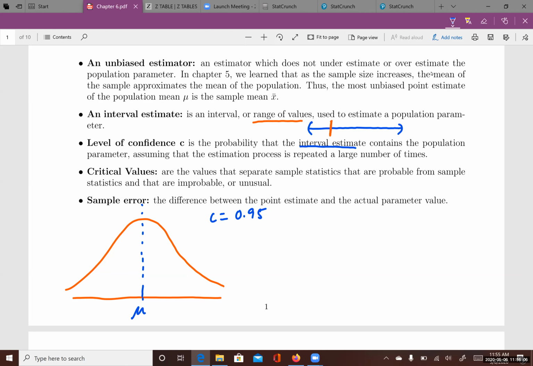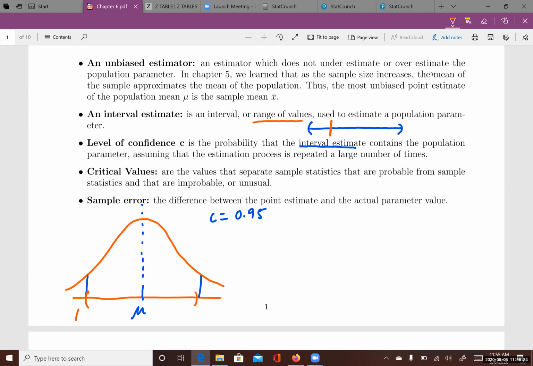Then you construct your confidence interval that will capture 95% of the population.